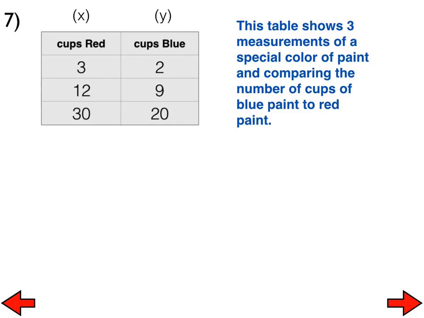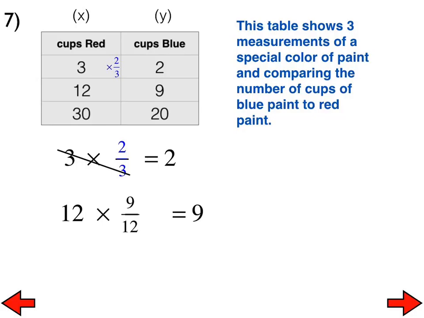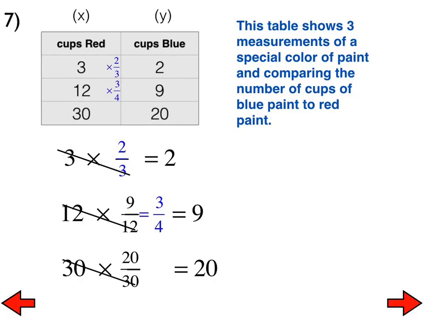Let's look at number 7. 3 times what is 2? 2/3. Good. And that is already reduced. 12 times what is 9? 9 over 12, which reduces to what? 3/4. So already we know it's not proportional, right? So you don't even have to do the last one, but I'm going to do it anyway. 30 times what is 20 will be 20 over 30, which reduces to 2/3. So not all of them are 2/3.